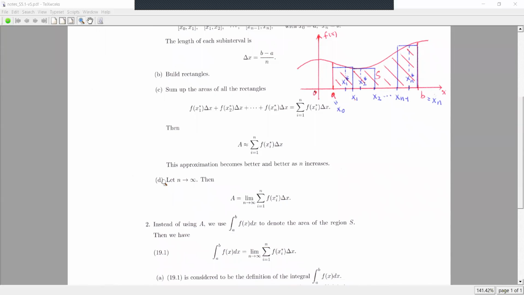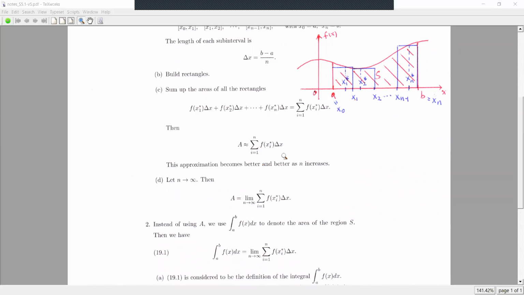Now, step 4. To make this approximation into an equation, we need to take a limit. We need to increase the number of rectangles to infinity. Then the sum of the areas of the rectangles will approach some number.